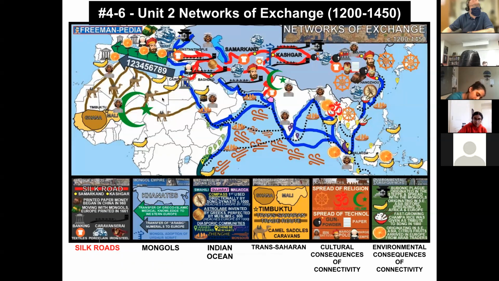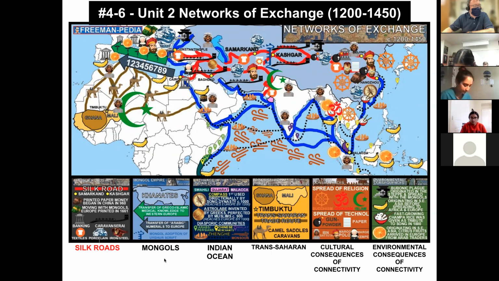The Trans-Saharan over the Saharan Desert connects Ghana, Mali, West Africa to Islamic North Africa. So if it's about connections, you think it's about exchange of goods, which it kind of is, but more importantly, it's about the exchange of other things like religions, technology, and then consequentially, the Black Death.